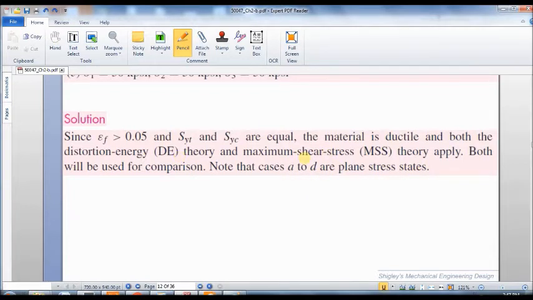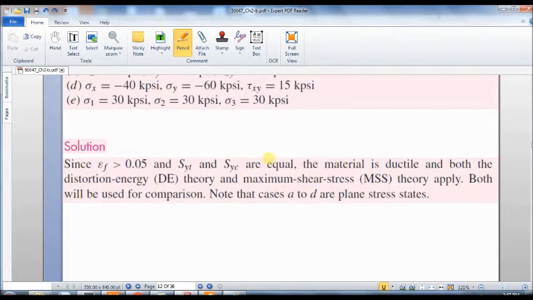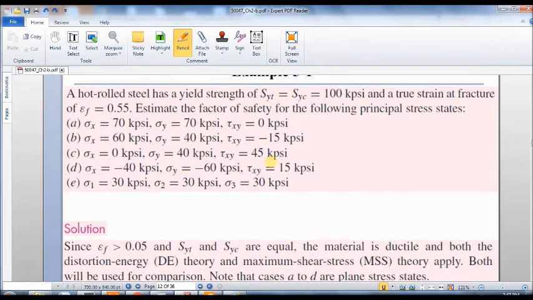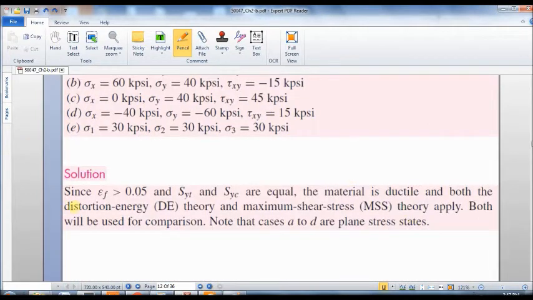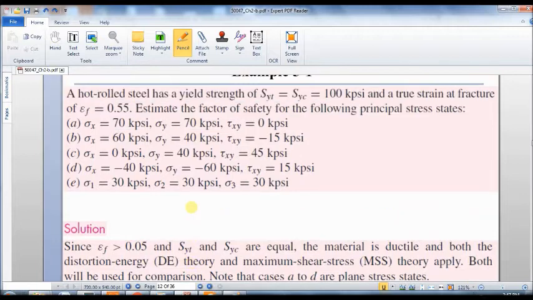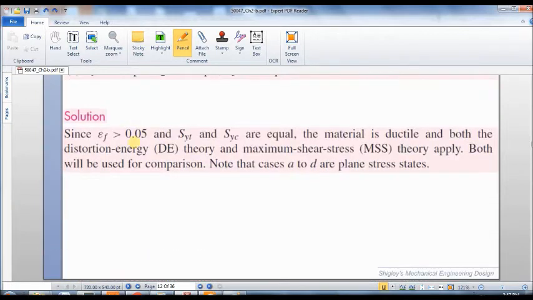What we are going to do is find the factor of safety for each one of these states of stress by using these two theories. The maximum shear stress theory we normally write as MSS, and the distortion energy theory we show as DE.